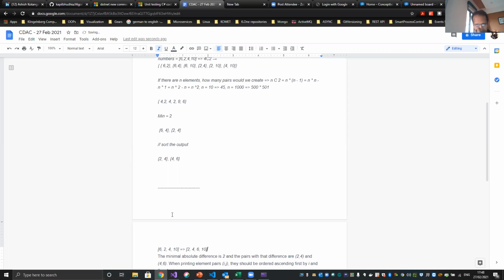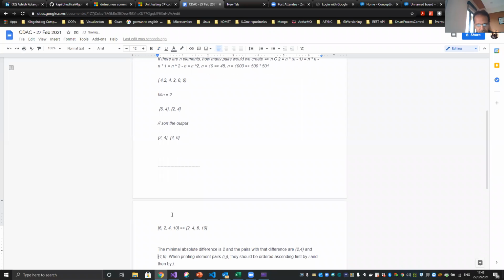Any hints? You see where I am going with this? Now, which pairs would you evaluate? Would you evaluate 2, 4, 2, 6, 2, 10, 4, 6, 4, 10, and 6, 10? Or would you evaluate a lesser number of pairs? So we've sorted. That's clear.